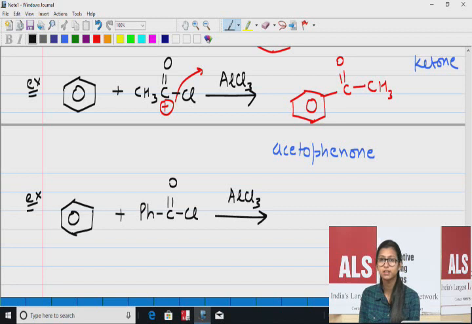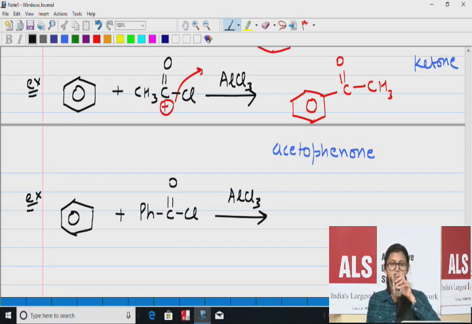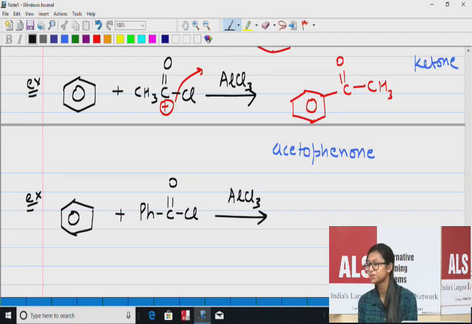What will be the product here? Anybody knows the common name of the compound? Shillong, any idea? We know the answer, but we don't know the common name.